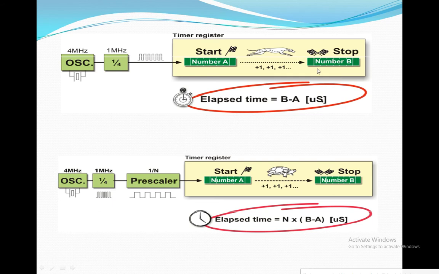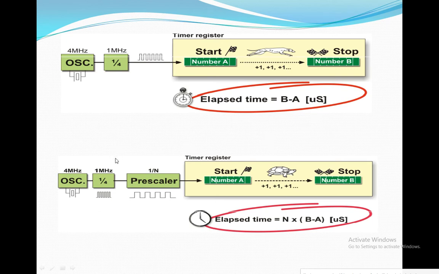The maximum value depends on which bit timer mode we use. An 8-bit timer will increment up to 256, and a 16-bit timer will increment up to 65,536. So whatever time is measured in between these two intervals can be calculated.